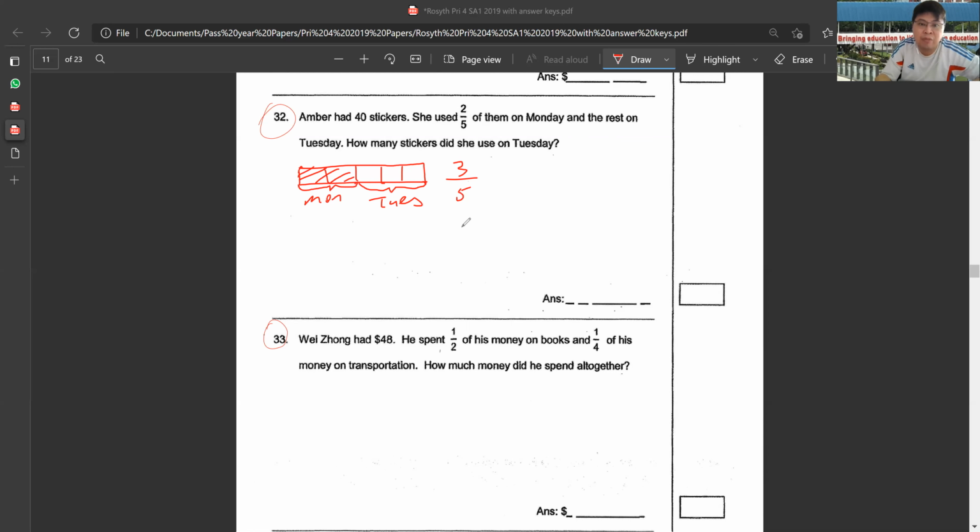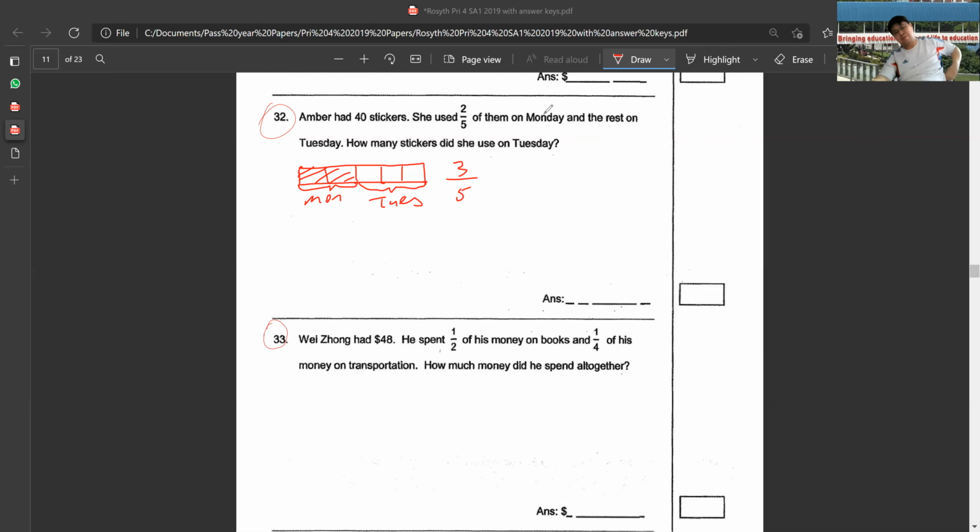I want to find out 3/5 of the stickers is how many, right? So what must I do here? What must I do with 3/5? 3/5 of the stickers. Of the stickers, how many stickers does she have?